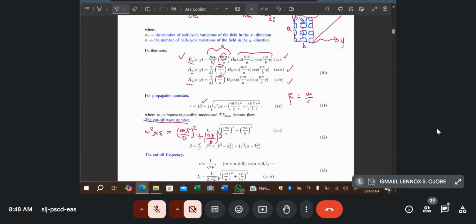Then we have here 1 over mu epsilon, actually the root of that is equal to the velocity of the wave.